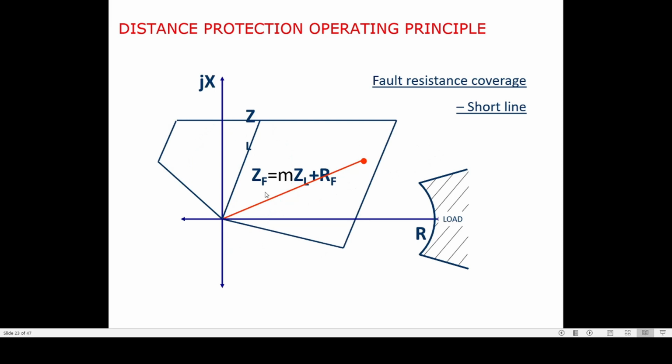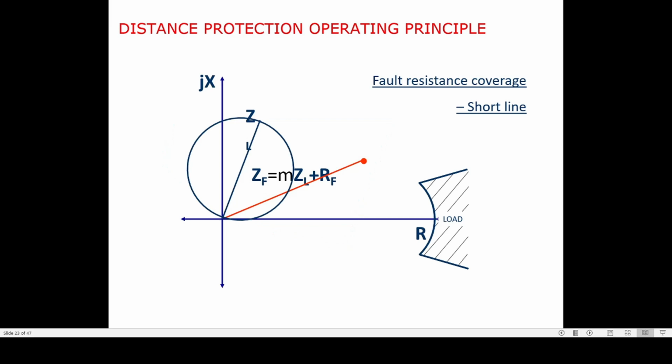Basically, why can we not increase the resistive coverage of Mho relays? Because this is a circular characteristic, and in a circle the equation is simply r square plus x square equals radius square, or in general terms x square plus y square equals k square, where k is the radius of the circle. So if you modify any of these parameters, then the radius of the circle will keep on changing.